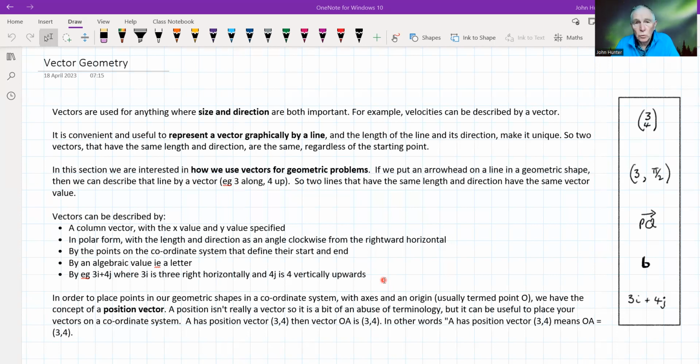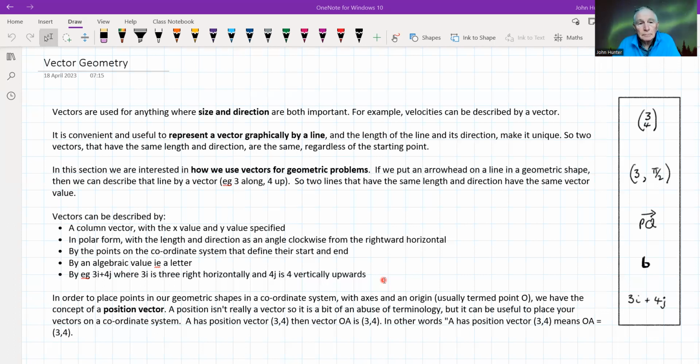Now, it's useful to represent vectors graphically by a line, and we can draw a line in a particular direction and give it a particular length to represent the magnitude of the vector. So two vectors that have the same length and direction are essentially the same, have the same value.